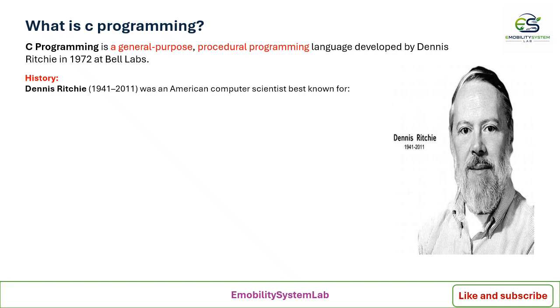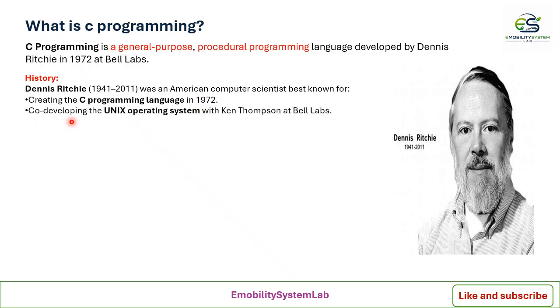So basically, the scientist's name is Dennis Ritchie, and he was an American scientist, as you are able to see. He is known for creating the C programming language in 1972.